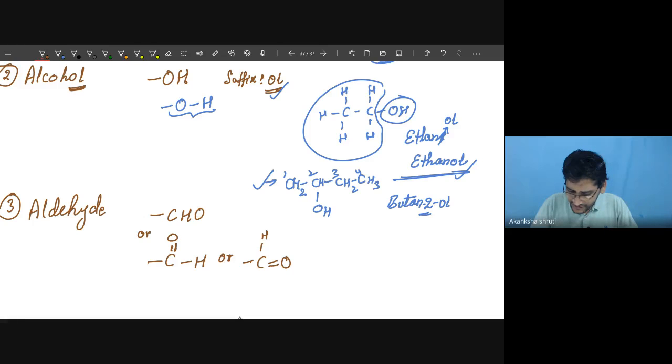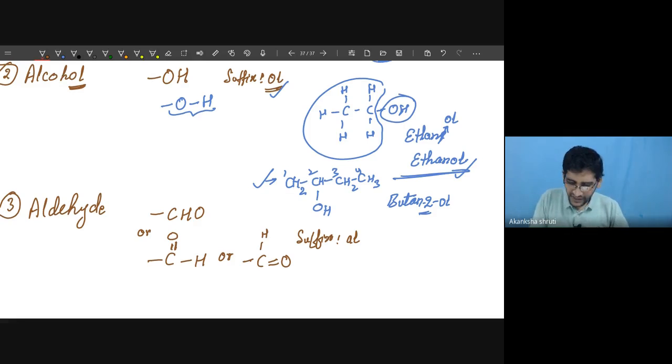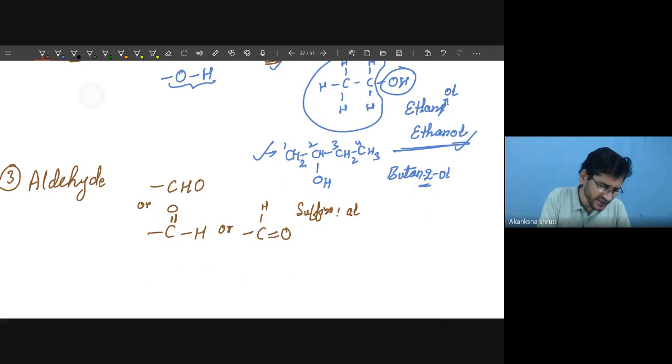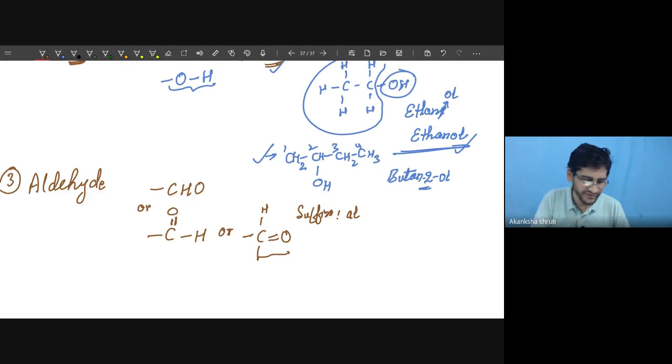For nomenclature, we are using a suffix, like for alcohol, where we were using OL. In this case, we are using the suffix AL. Students, the important thing here is that numbering always starts from this carbon itself.